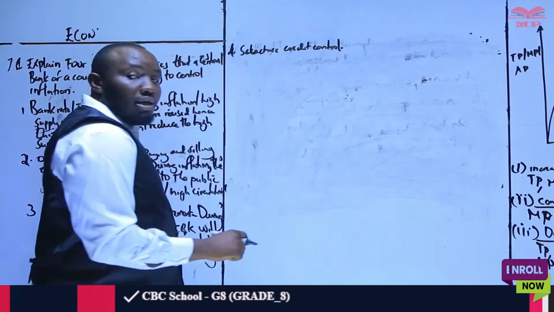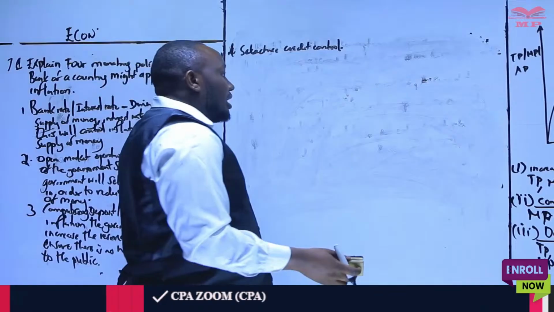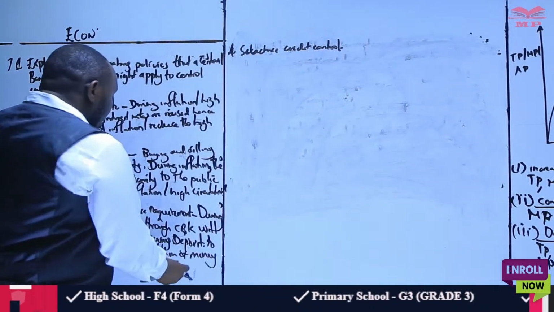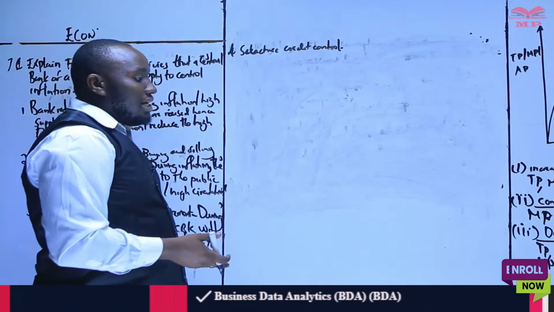And lastly, we can talk about selective credit control. One of the reasons why inflation is high is that when there's a lot of money in circulation, when credit is available to all sectors of the economy, that can lead to inflation because there will be money all over.